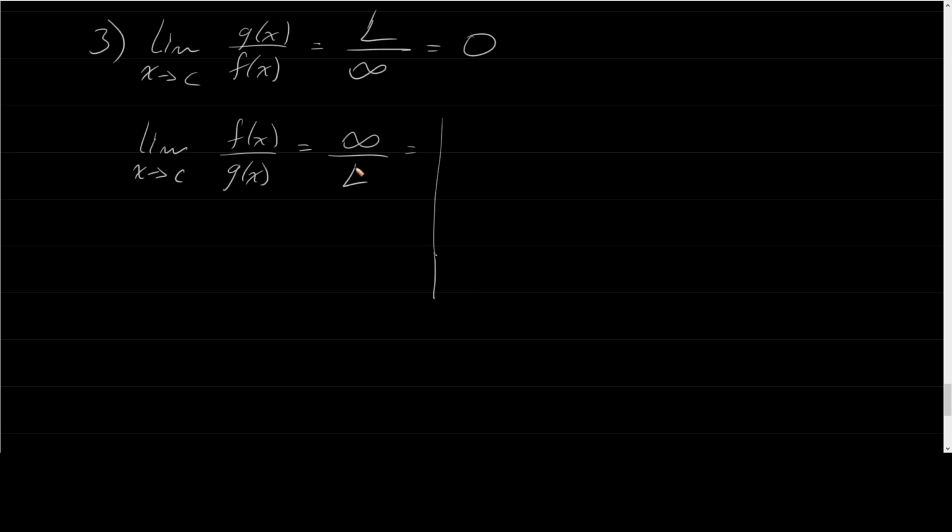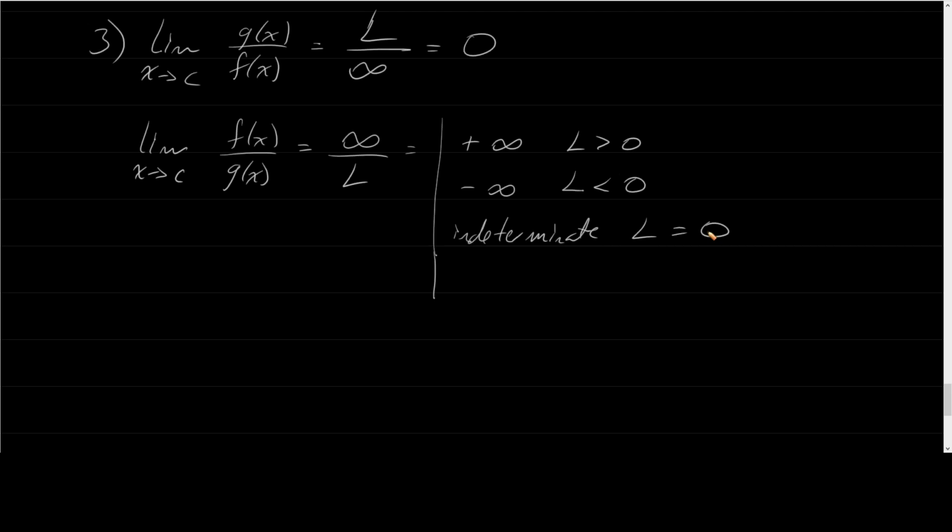So infinity over L is going to be positive infinity if L is greater than 0. This is going to be negative infinity if L is less than 0. And this is going to be indeterminate when L equals 0. All right. So those are the three scenarios there.